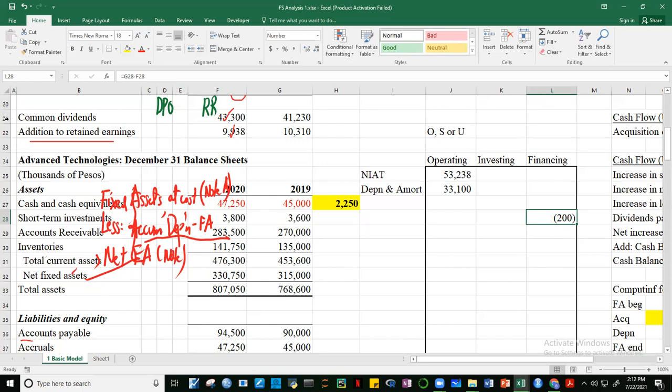F28 minus G28. Kasi inuna ko. Okay, sige. So, gagawin ko, unahin dapat yung F, ano? So, sige. So, this one plus this one. Okay? Inuna ko na yung F, no? Okay, enter. Alright, so okay na yan. Okay, questions, guys?